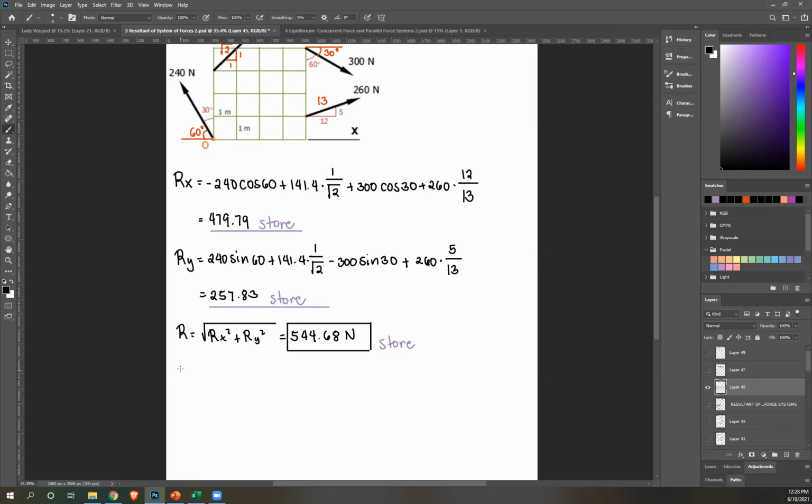We're not done. I need to know the inclination. So that's arctangent, absolute value of Ry over Rx. Please solve. What's theta? Correct. It's 28.25. Correct.